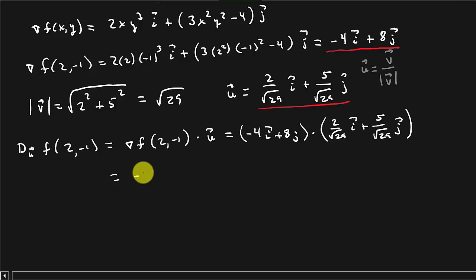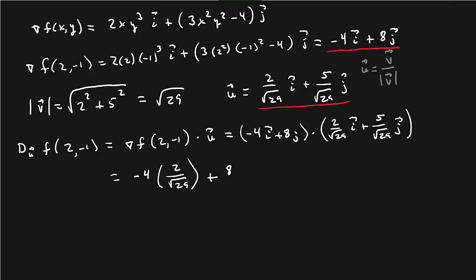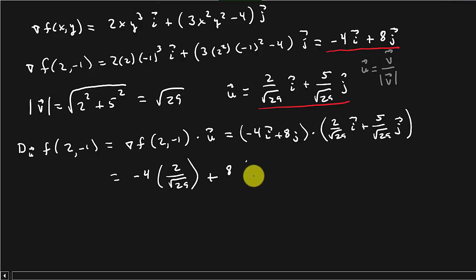And so this would give us -4 times 2 over square root of 29. Right, it's this times this plus this times this, 8 times 5 over square root of 29.